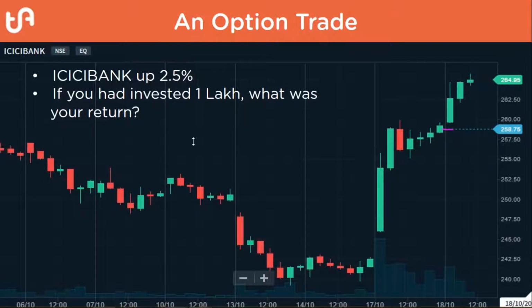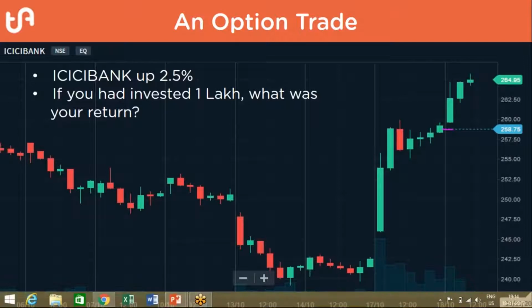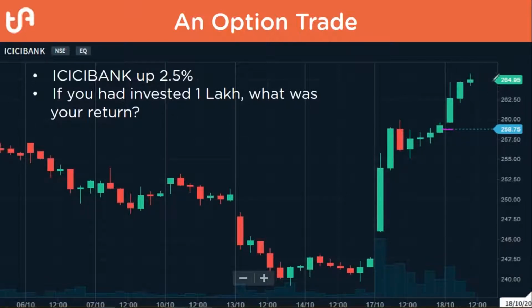Now for 1 lakh, how many shares can you buy? What we're trying to understand is if price moves from 258 to 264 and if your investment is 1 lakh, what would be your profit in terms of cash market and in terms of options? So how many shares would you buy?